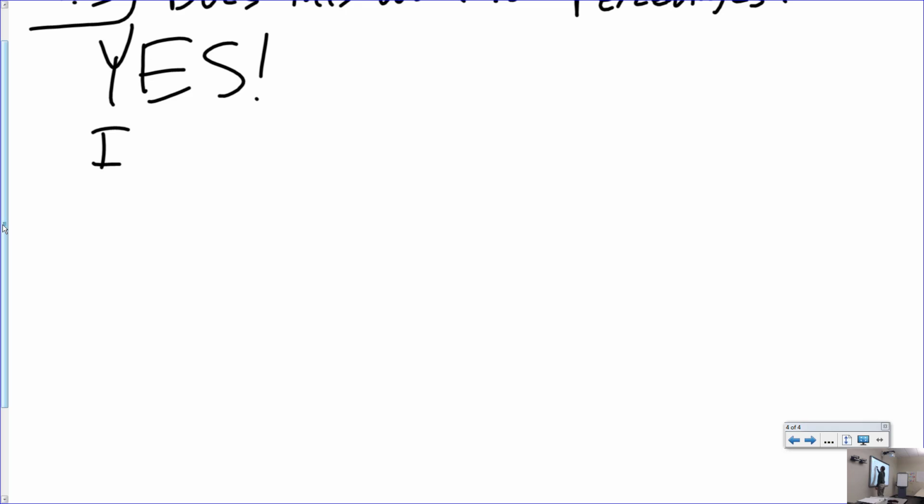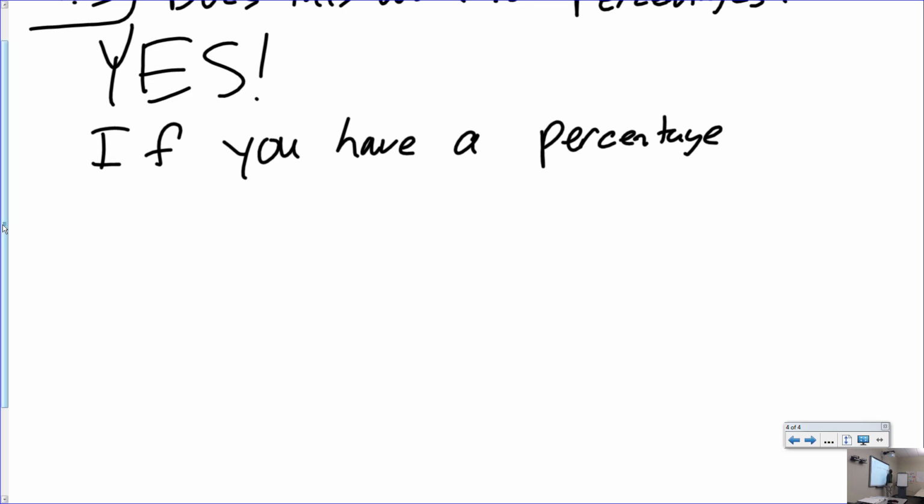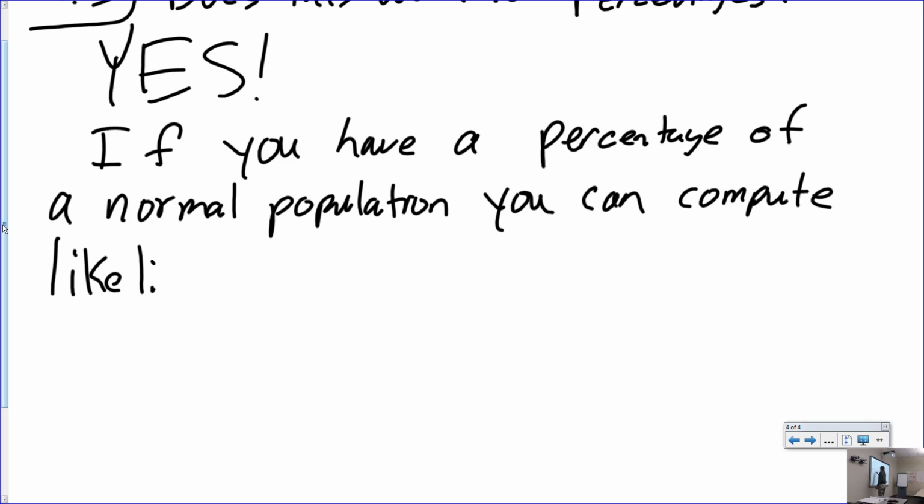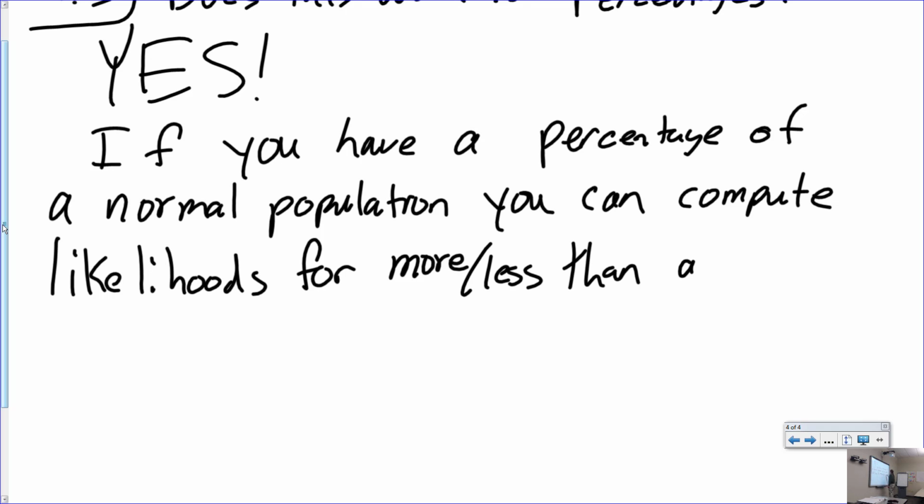So if you have a percentage of a normal population, you can compute likelihoods for more or less than a percentage in a sample.